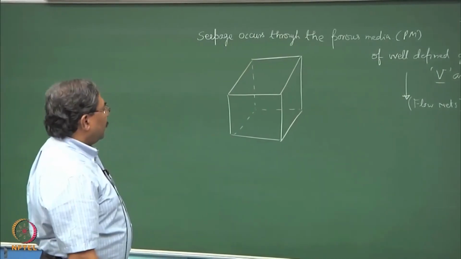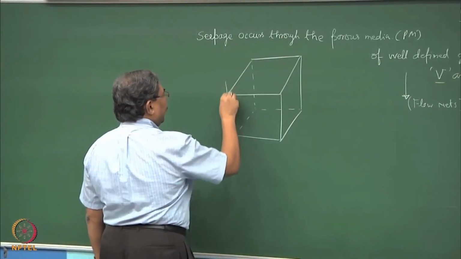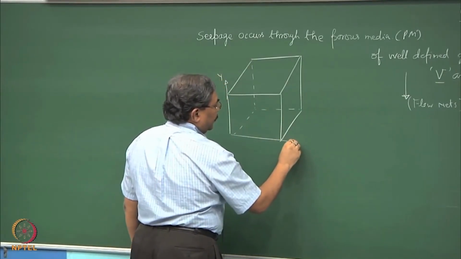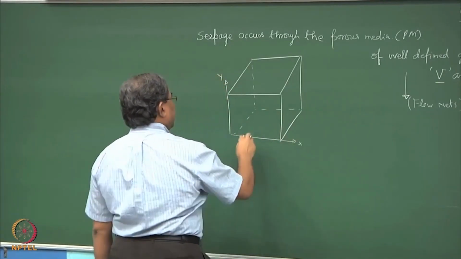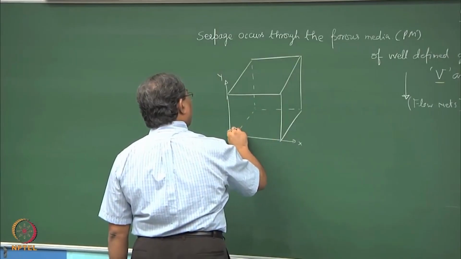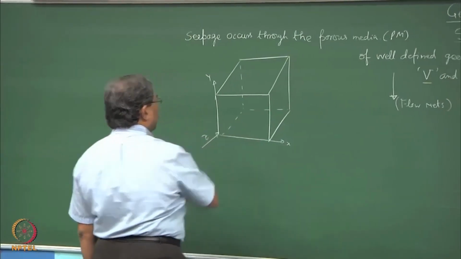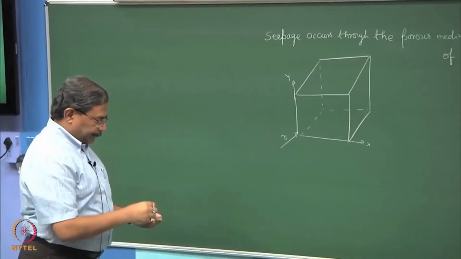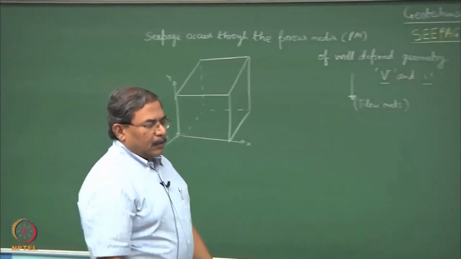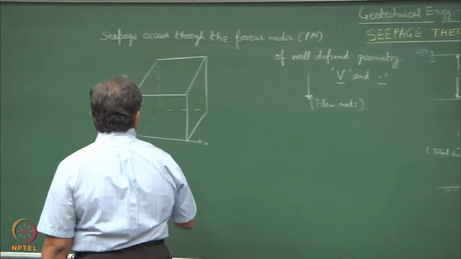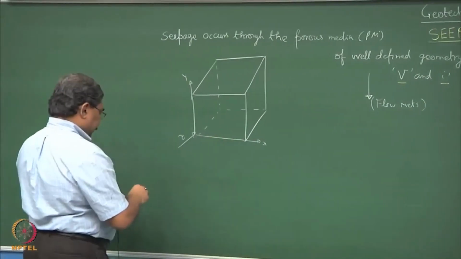So, this is the control volume, and if I define y, x and z, these 3 directions, what I am interested in is finding out how much flow is entering in all the 3 directions.